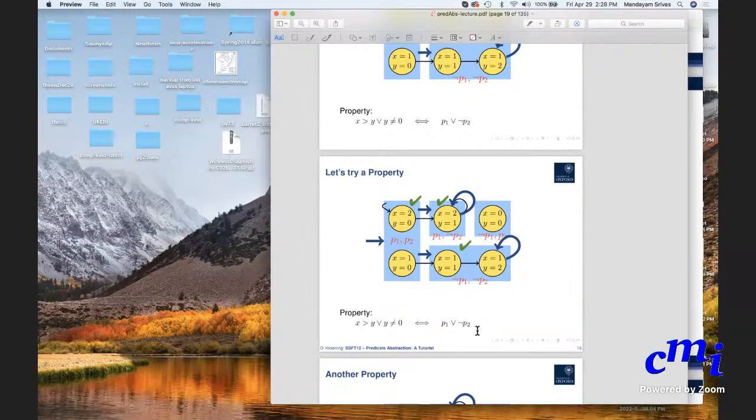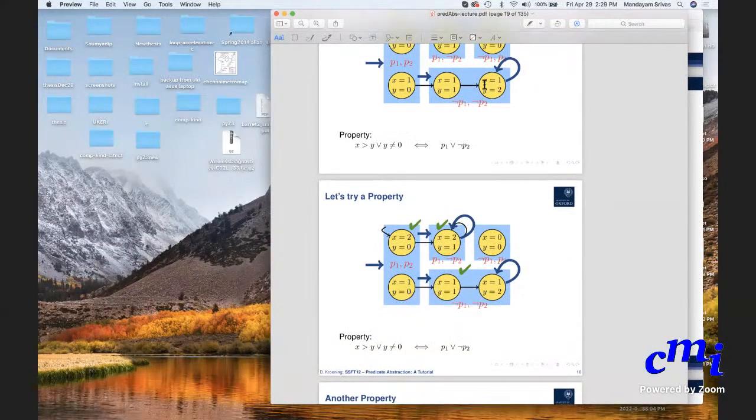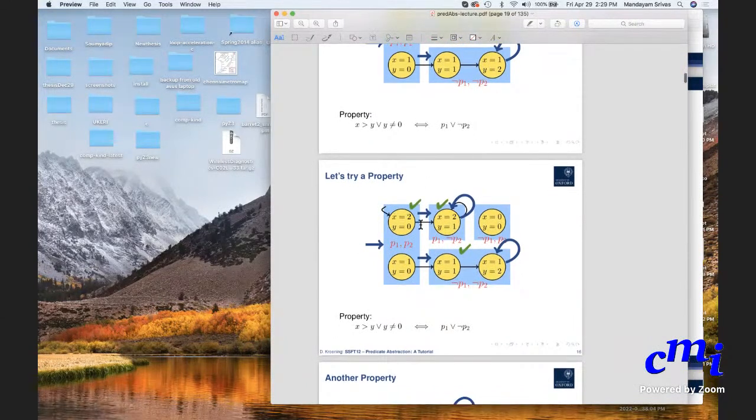It's P1 or not P2. So this over approximation that was introduced by this minimal existential abstraction was an over approximation because it had one path, the path here at the bottom, which was not strictly a path in the original system. Okay, but it didn't matter for this particular property.